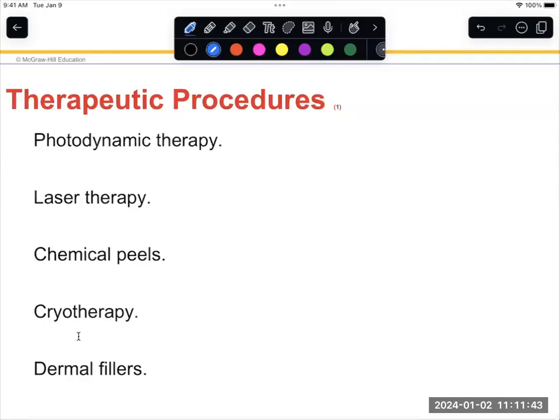Cryotherapy, I mentioned this one before, using cold, but another way is using liquid nitrogen spray to treat acne, scars, and sebaceous plaques. Dermal fillers help diminish fine lines and wrinkles.